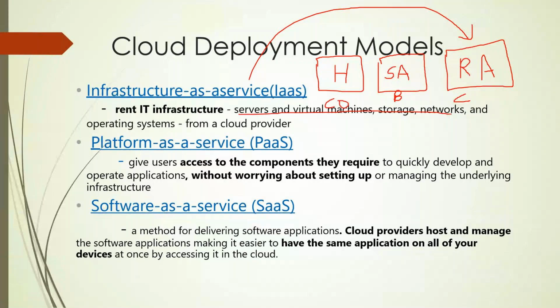For your application to run, if you need some software, some additional libraries, you have to do it by yourself. The cloud provider won't give it. They will just give one empty room to you. That alone they will give. On top of it, if you want some additional features for your application to run, you have to do it by yourself.